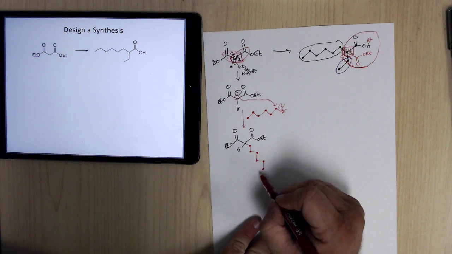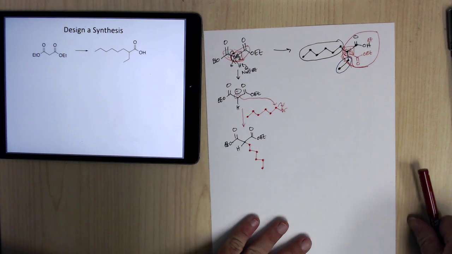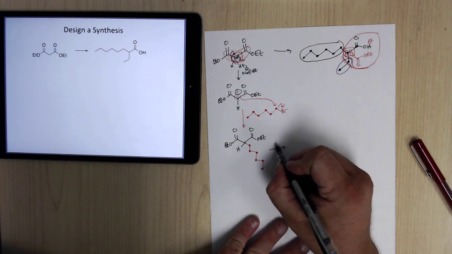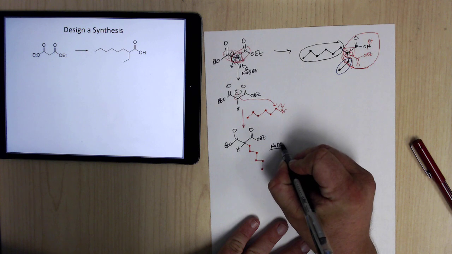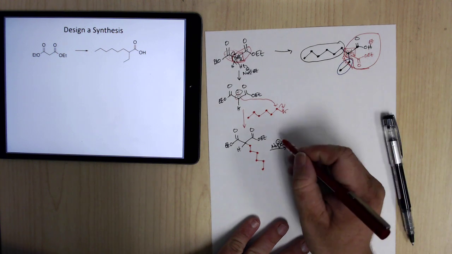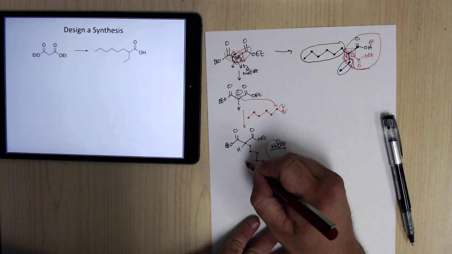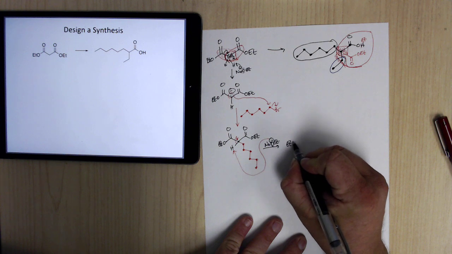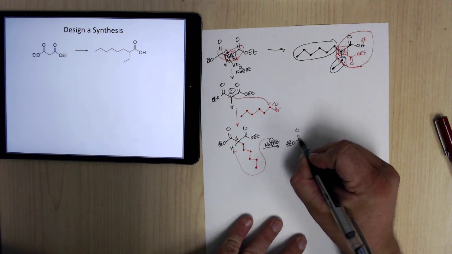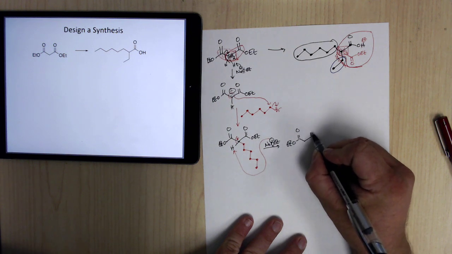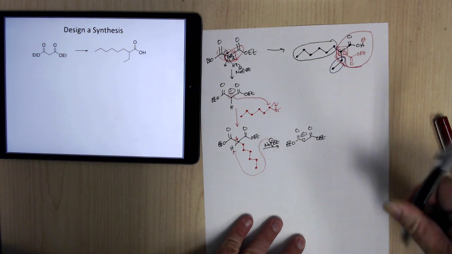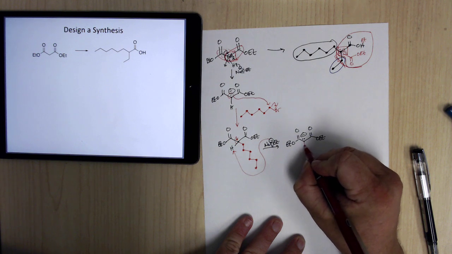I use the dots for this one just to keep things straight. So we're going to go through this cycle again. We're going to add the sodium ethoxide. That's going to grab this, move those electrons up there, and that 6-carbon piece is still here.